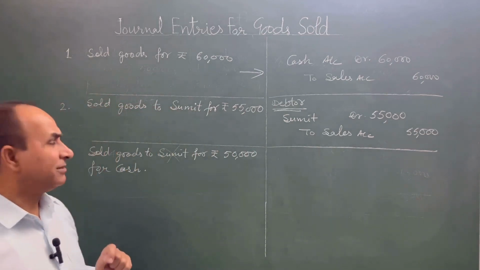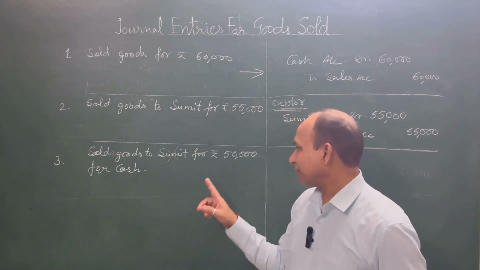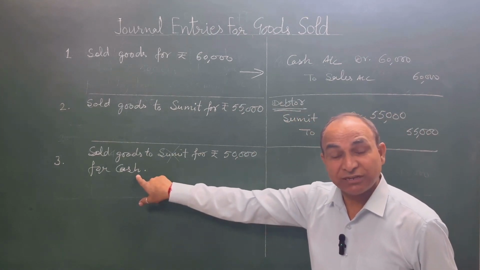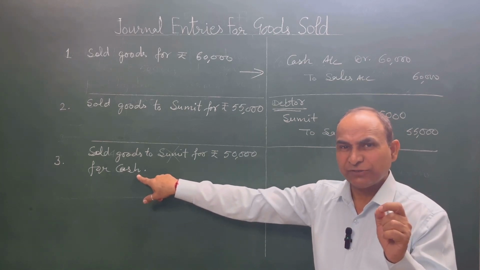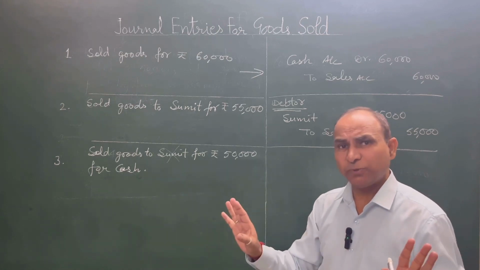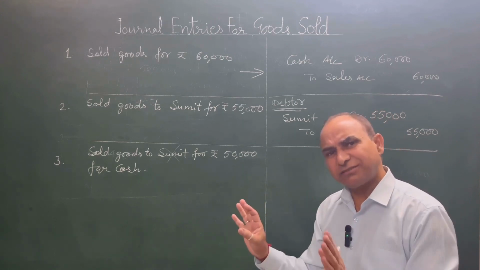Now come to the third transaction, dear students. Sold goods to Sumit for rupees 50,000 for cash. Since cash is coming into the business, whenever goods are sold for cash, we do not consider the name of the customer. It means that has no importance. To whomsoever we sell the goods, this doesn't matter.